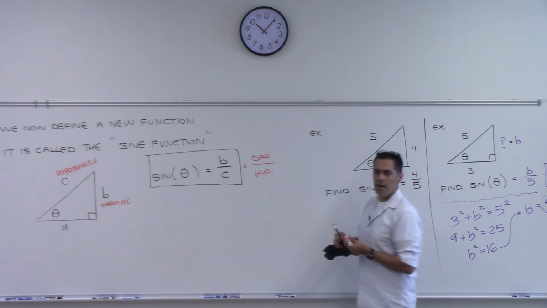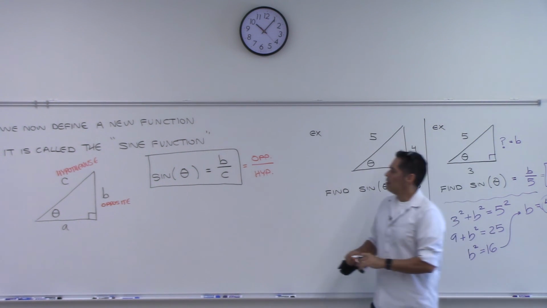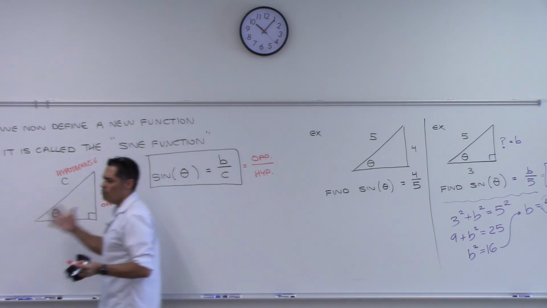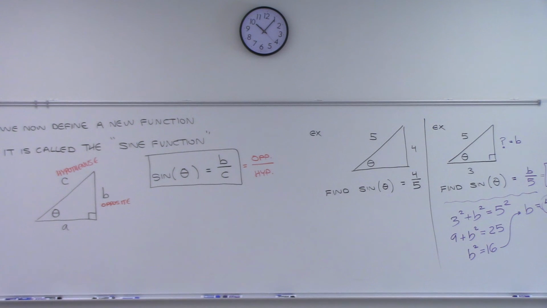Is it all right if I write it that way? So one way to look at the sine function is that sine is b over c, or the opposite side divided by the hypotenuse.